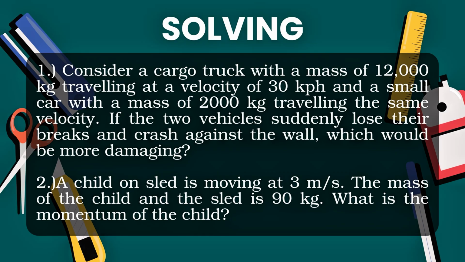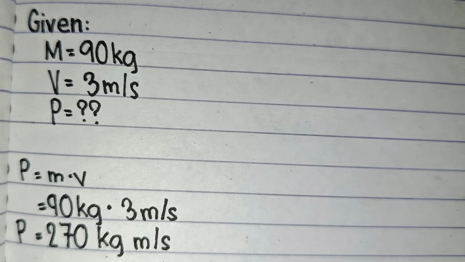A child on a sled is moving at 3 meters per second. The mass of the child on the sled is 90 kilograms. What is the momentum of the child? Again, let's jot down the given. The mass is 90 kilograms and the velocity is 3 meters per second.